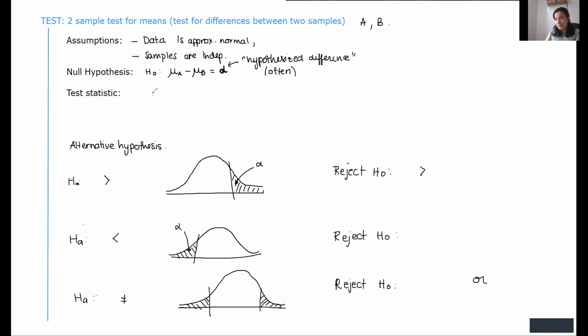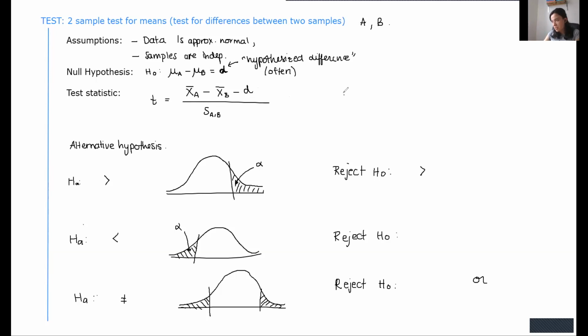The test statistic is T, which is equal to the sample average for the first sample, minus the sample average for the second sample, minus the difference that I think there is between the two values, divided by the standard deviation, the variability of A and B. This doesn't look too bad.